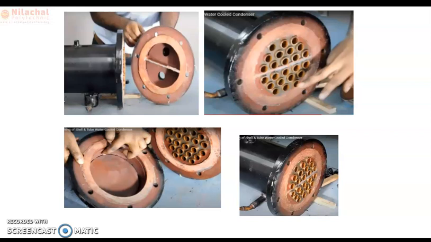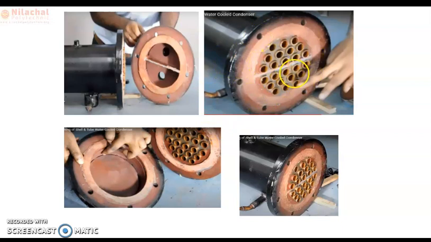And in some condensers, extra rows of water tubes are provided at the lower end of the condenser for subcooling of the refrigerant below the condensing temperature.